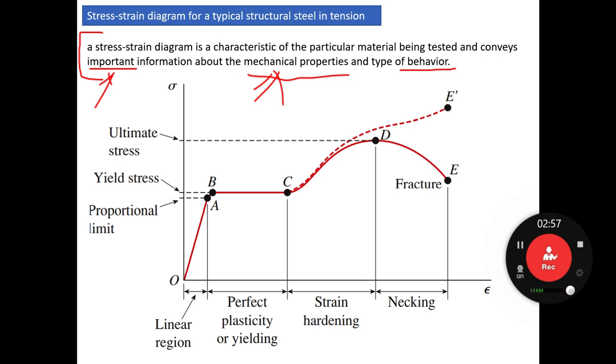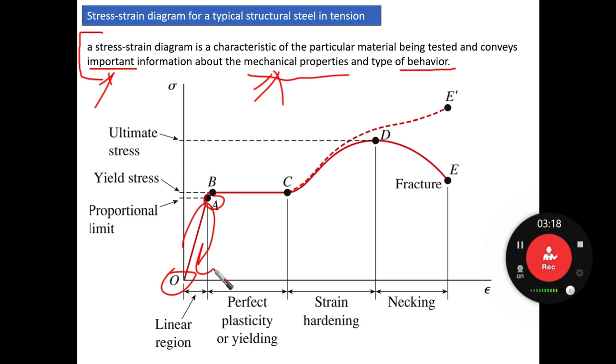What is going to happen in the beginning, for example, from point O to point A, how will it behave? It is going to be, for example, an elastic part here. So if we unload the material, it goes back to its original status.